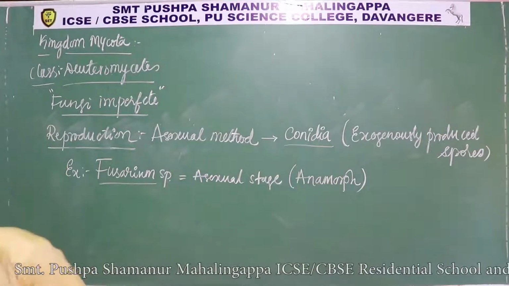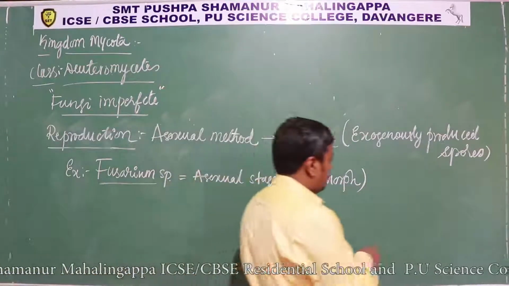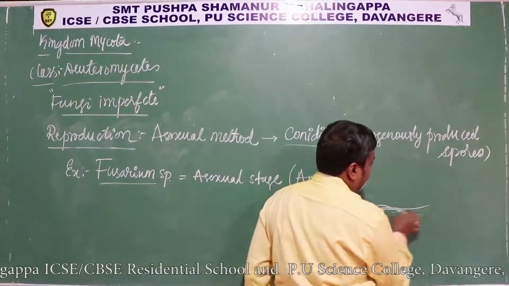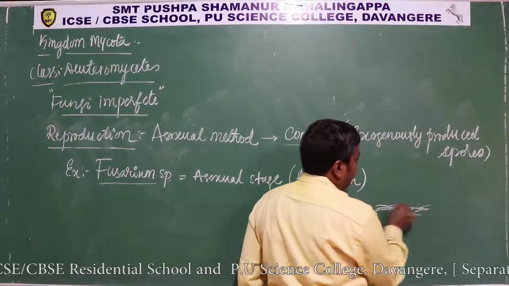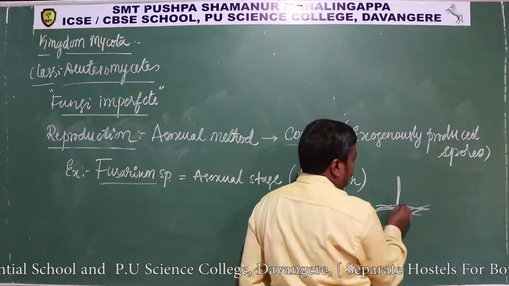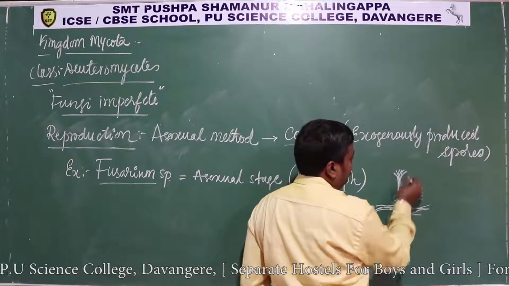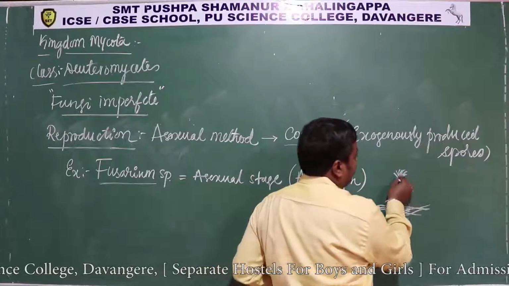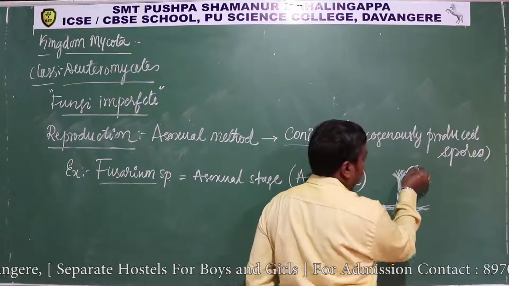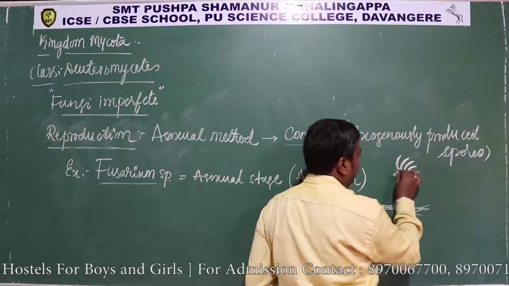So in the asexual stage, this Fusarium produces the hyphae, or let me write mycelia. During asexual reproduction, it produces the hyphae, compactly arranged vertical hyphae like this, and it produces the conidia like this, half moon shaped conidia.